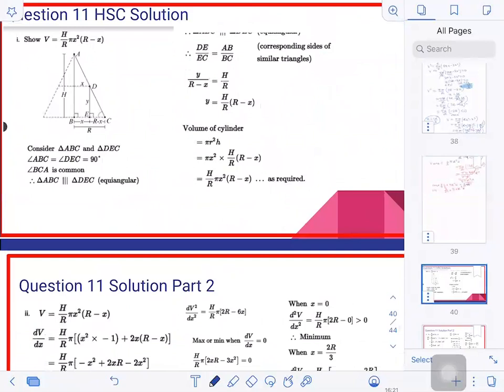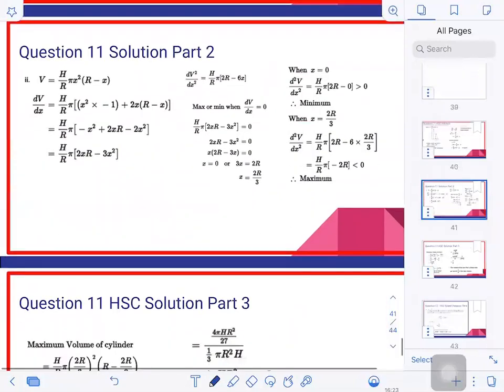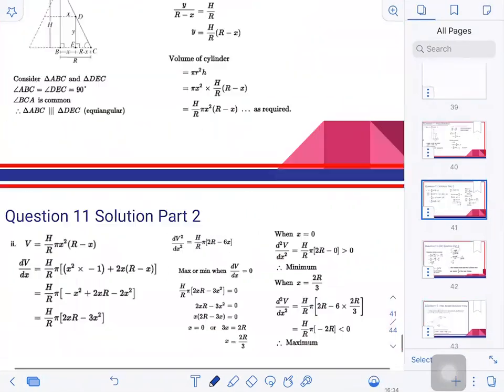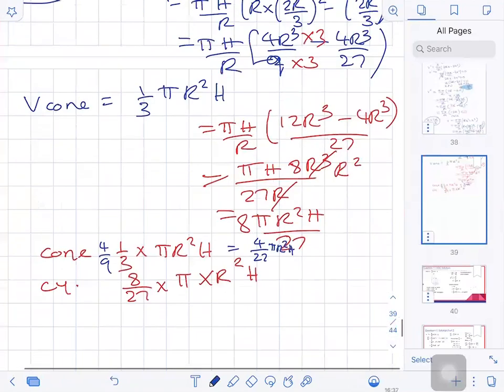Let me just see the 4/9 part here. I think I've done something minor. That should be 4 pi r squared on 27, and that one's right. I've somehow got 8. Let me just check my working.